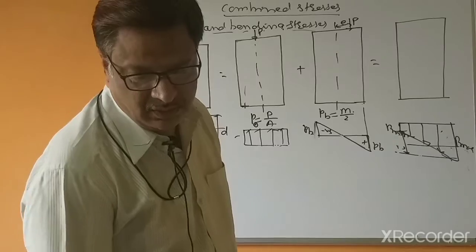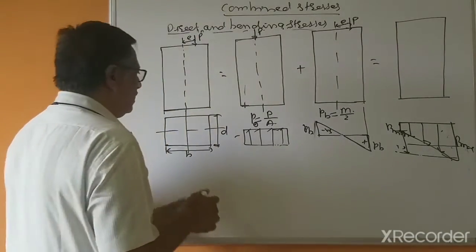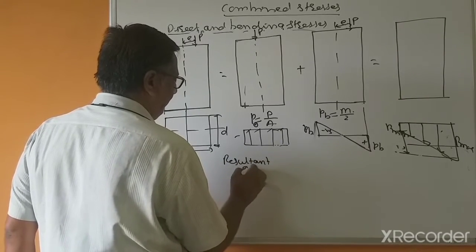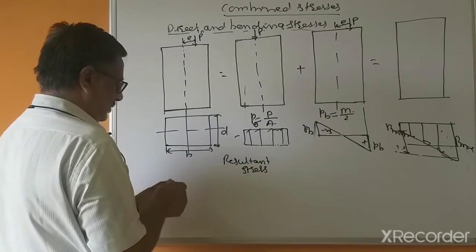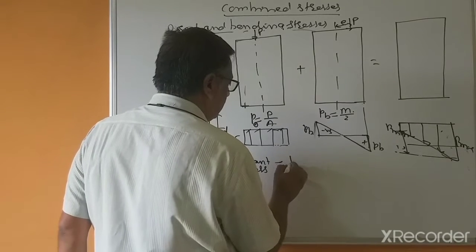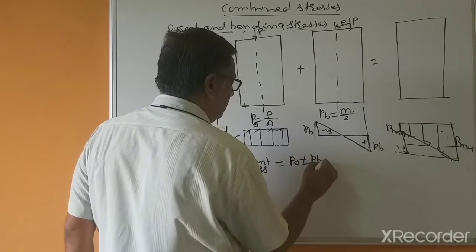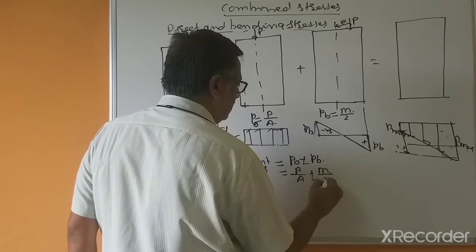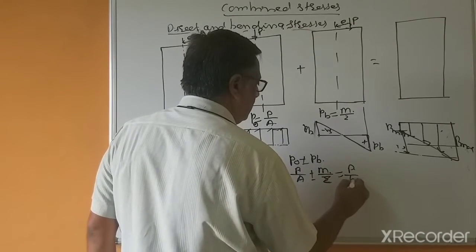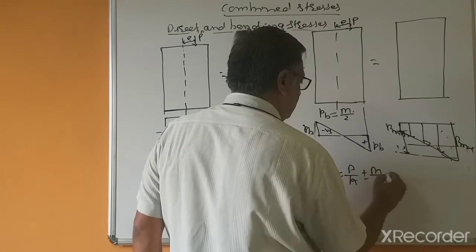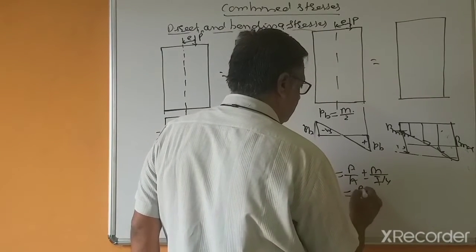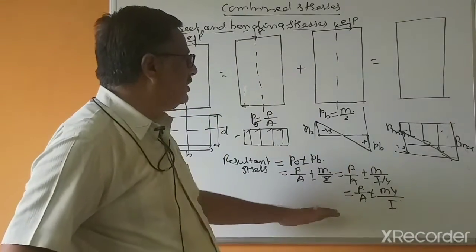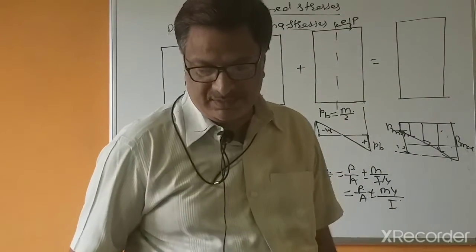So here the resultant stress equals p0 plus or minus pb. p0 equals P by A plus or minus M by Z, or P by A plus or minus M into y divided by I. Using this, you can calculate the resultant stress.